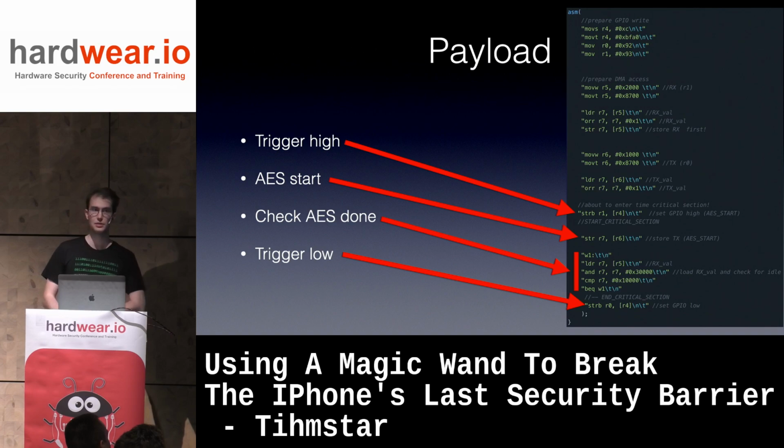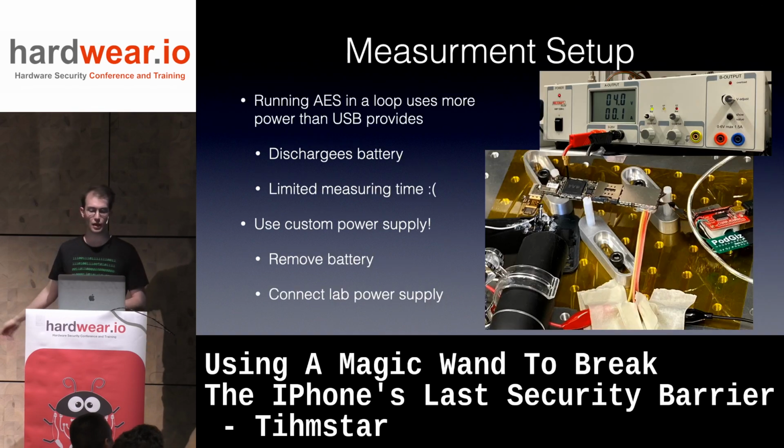The next assembly instruction starts the actual AES. Then I have a little loop, which checks if the AES is done. And then I have yet another assembly instruction, which sets the trigger low. So this is as good as it gets, basically. And by that, we have a high pin, the AES, and a low pin, and we already know where to look in between for the AES.